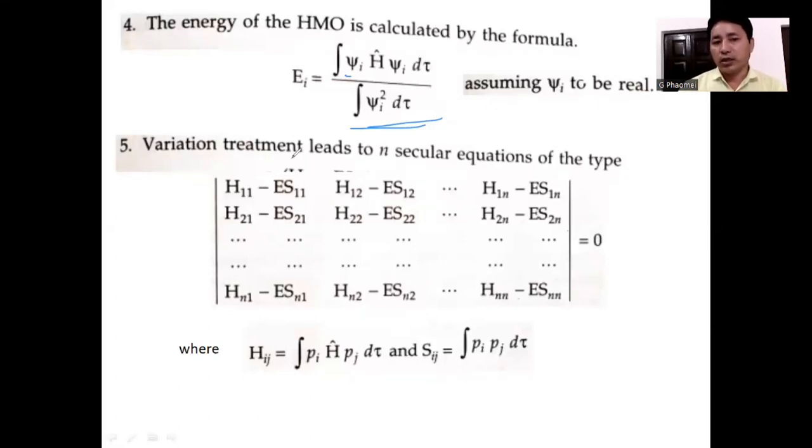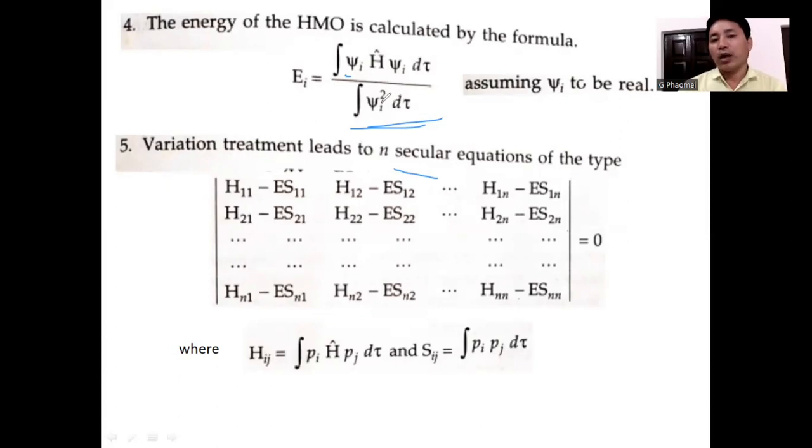And if you use the variation treatment, you will have n secular equations. That means H11 minus E and so on. H11 means the integral of psi i, Hamiltonian, psi i, and if it is the integral of psi i, Hamiltonian, psi j, it is called H_ij, that means H12, and here it is only the integral of psi 1 and psi 2.